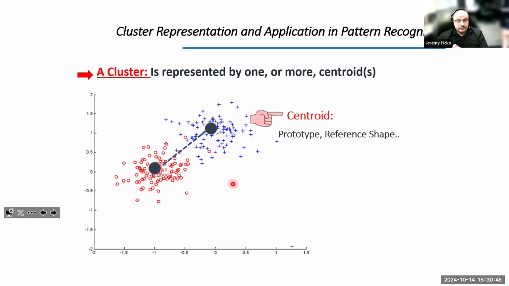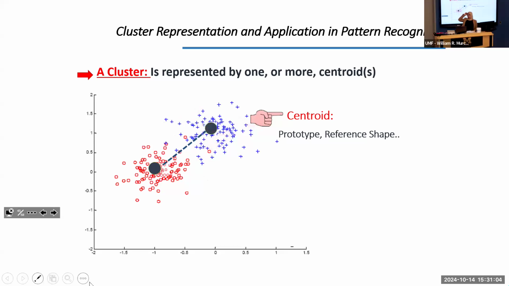Which one is it closer to? How can I decide if a new sample belongs to this cluster or to that cluster? By figuring out how close it is to either one. Yes, I'm going to measure the distance and see if it's closer or not.